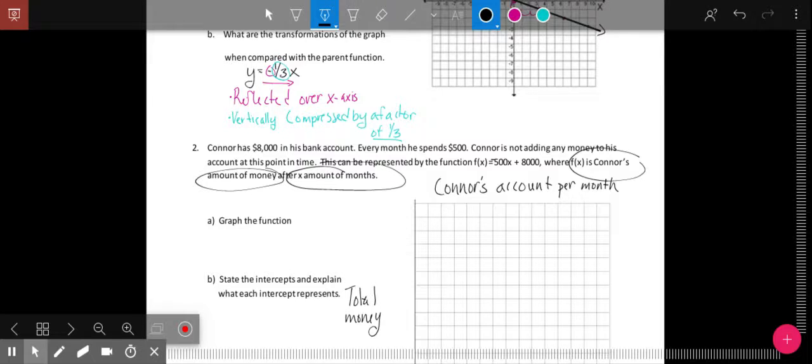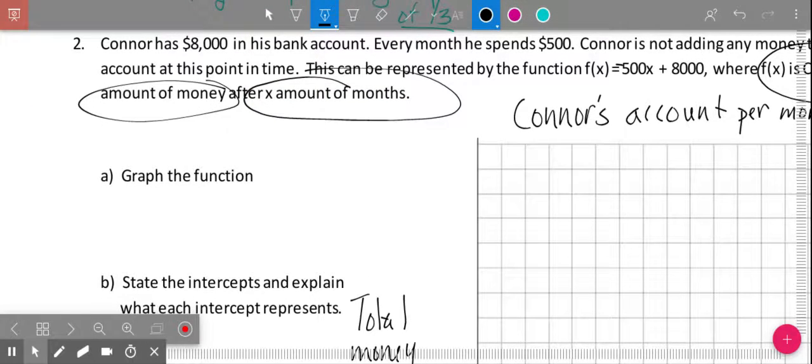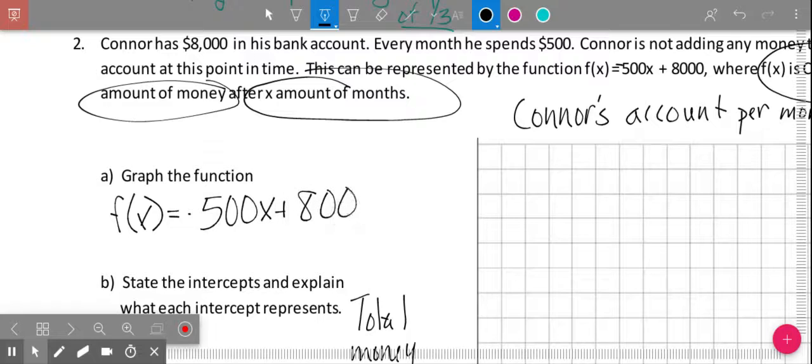Now we need to look at our function so we can come up with our scale. My function was f of x is equal to negative 500 x plus 800. When we did sequences, it was really easy to go up by what our pattern was for our scale. So this one, we know that our pattern is our slope, which is negative 500.